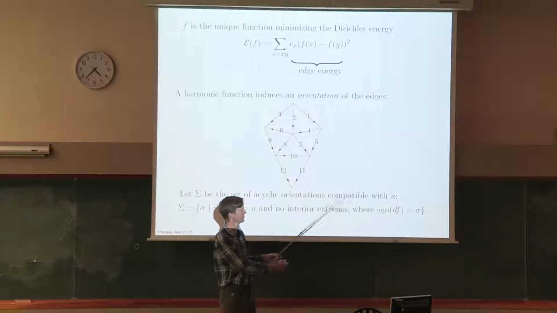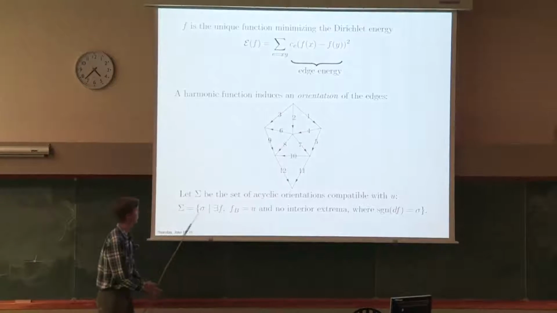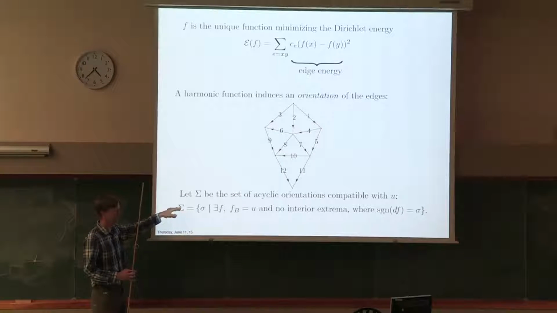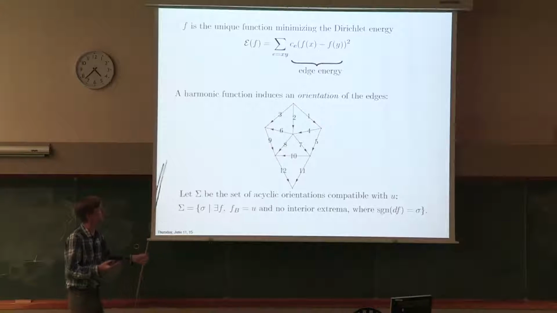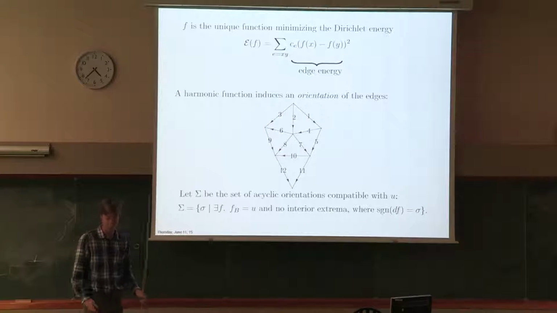You look at df, which is a function on the edges, and look at its sign, and that defines the orientation sigma. So this space of all orientations is just a finite set for a finite graph, and that's the set we're going to be interested in.